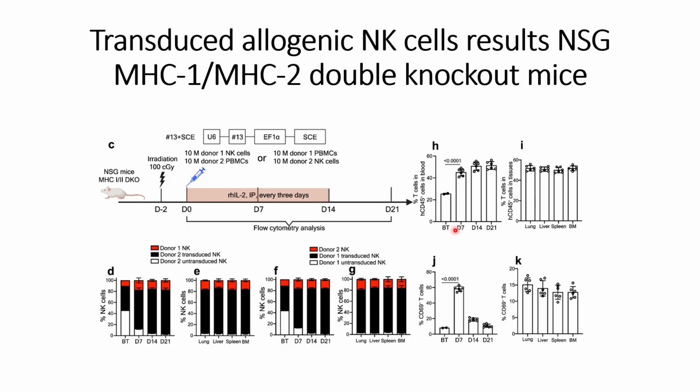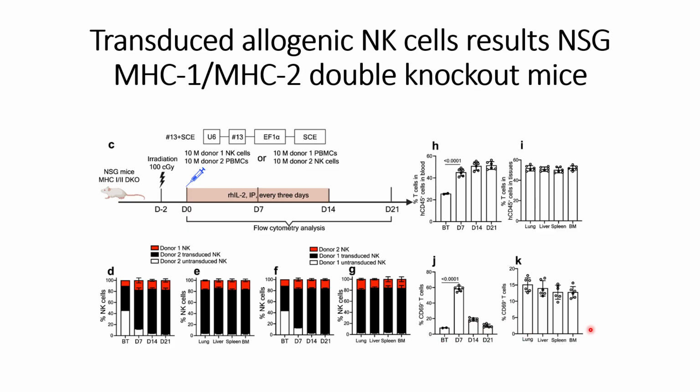When they checked the activated T cells, they saw that the T cell activation before transduction is low, but just before day 7 the activation is high. It could be because they have recognized the untransduced allogenic NK cells and are working to clear them. Once they are cleared out, the activated T cells go down again.